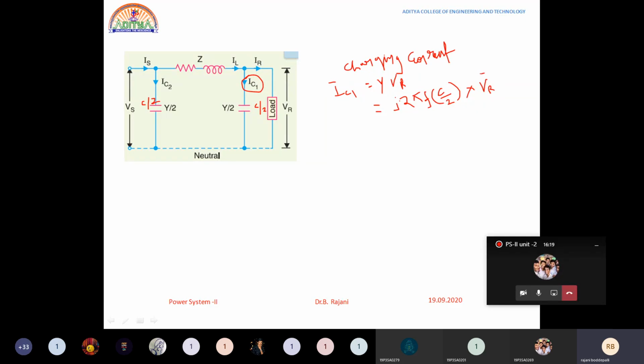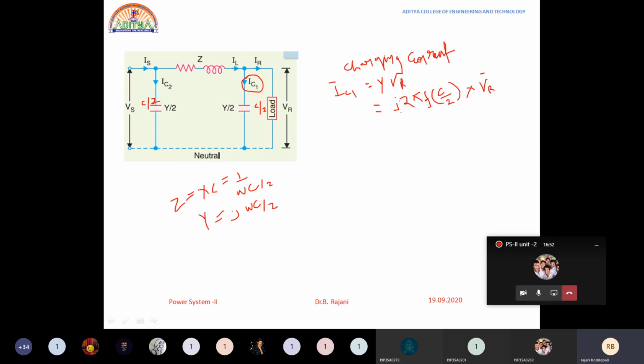Now how did you get this? XC is equal to 1 by omega C, we know. This is nothing but the Z. If you want to write it in Y, what will happen? You will get j omega C, but here we have C by 2, so we are doing by 2 over here. That's what I have written.